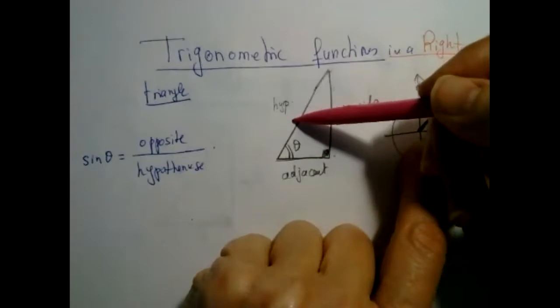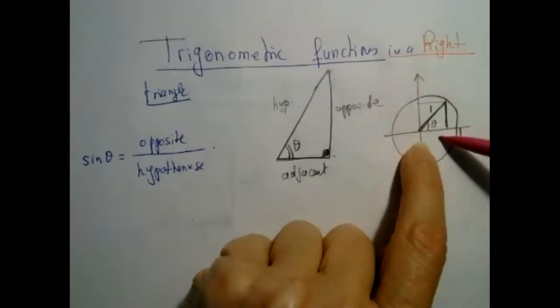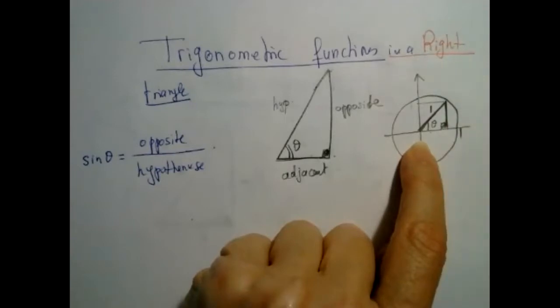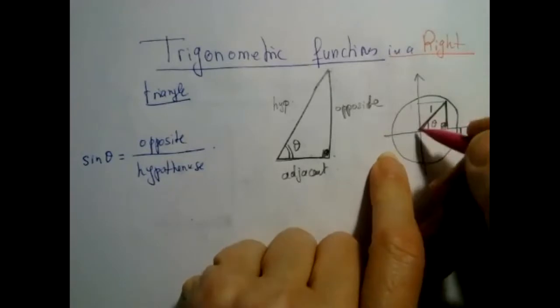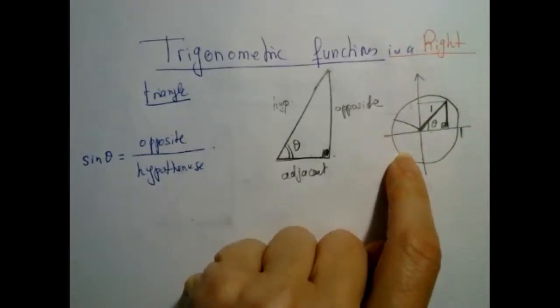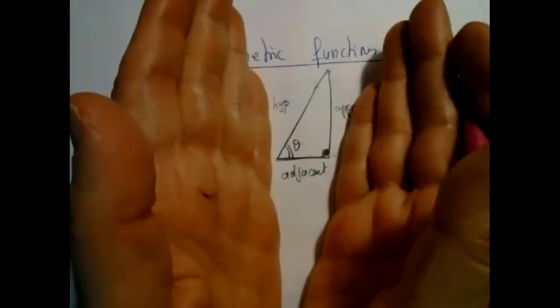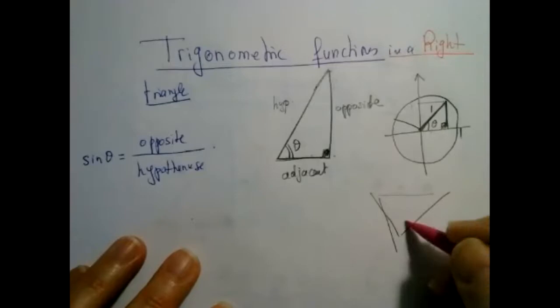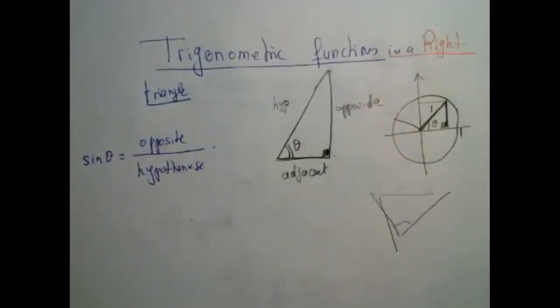So this definition is not different from that as long as I am in the first quadrant, where my angle is less than 90 degrees. What our unit circle definition did was extend the meaning for angles more than 90 degrees, because this idea stopped. The minute I have my angle bigger than 90 degrees, I don't have a hypotenuse.